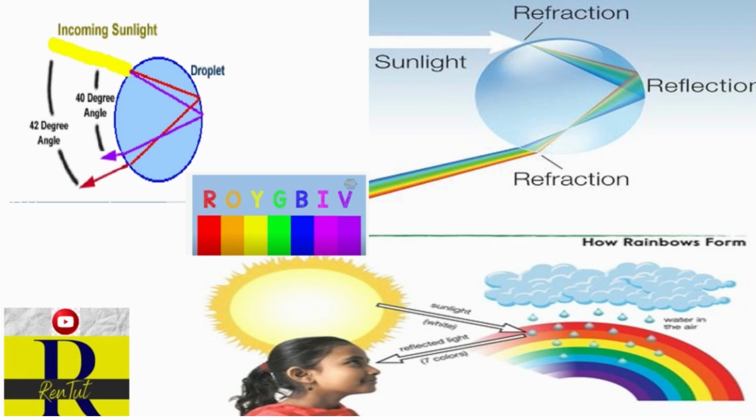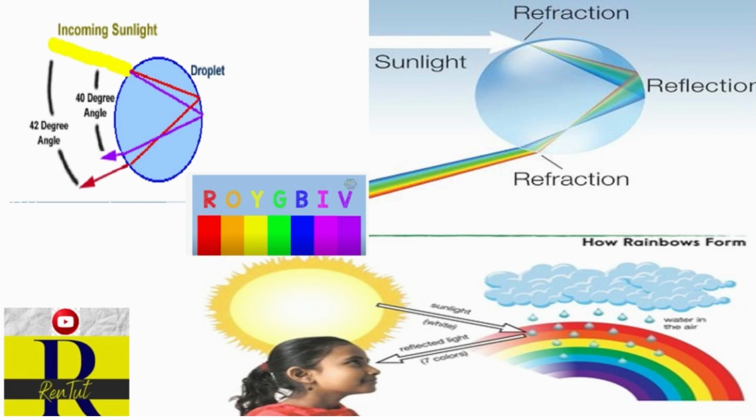Suppose that is 40 degrees. Then one more ray is coming, hitting the inner wall of the water droplet. It is shown in purple, and it is getting reflected, going again, hitting the inner wall and getting refracted back. Suppose it is 40 degrees.